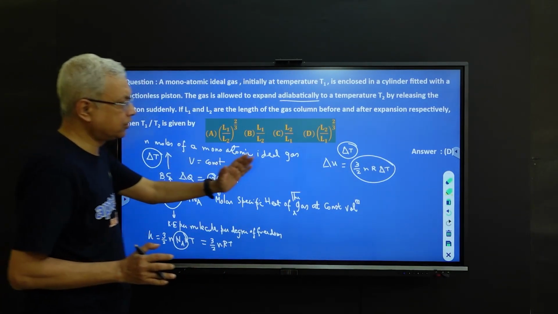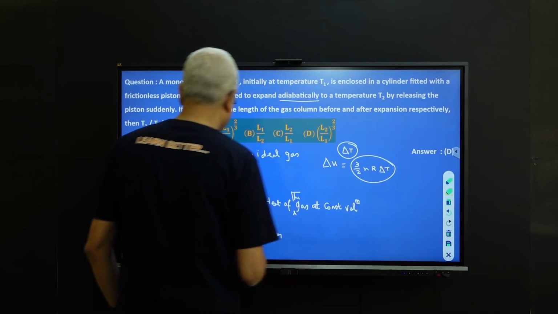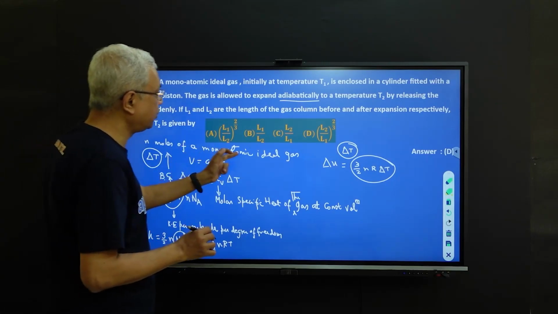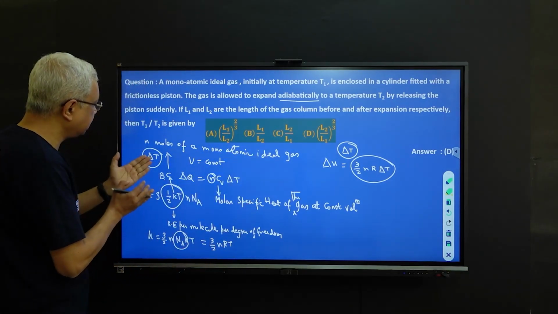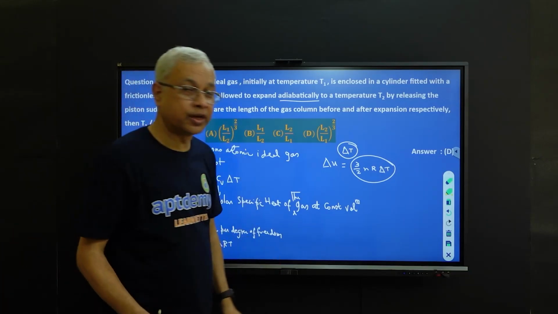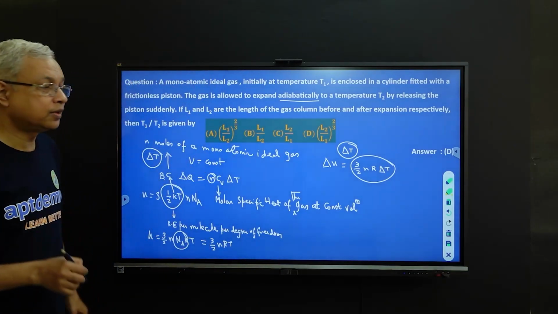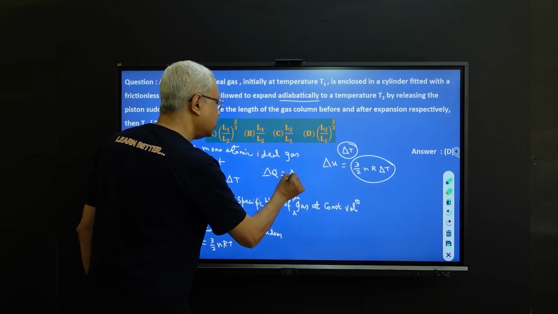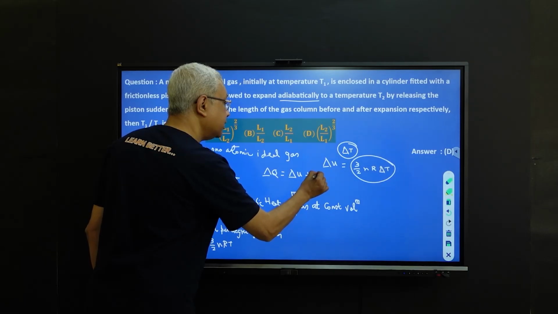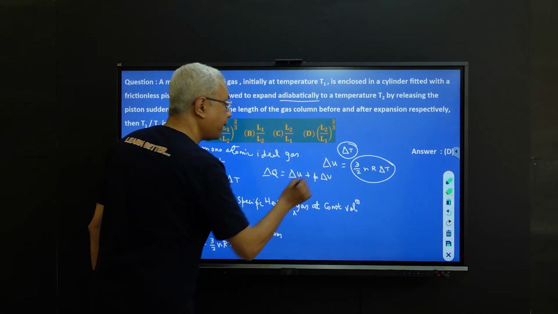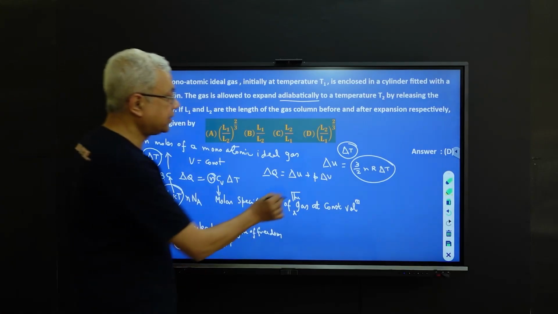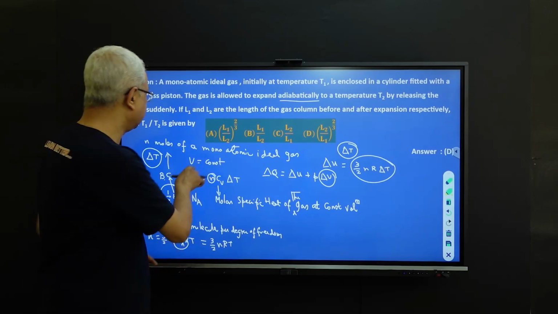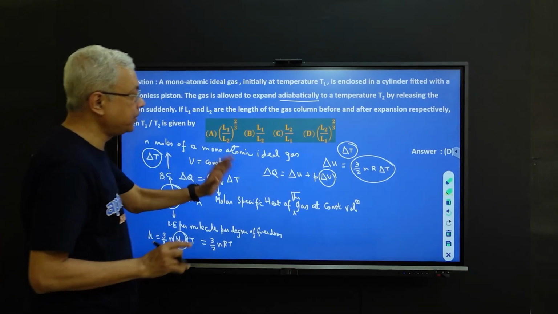So it depends on the initial and final temperature basically. So we are considering n moles of a monoatomic ideal gas. Its temperature is increased by delta T, keeping the volume constant. So if I apply the first law of thermodynamics, delta Q is delta U plus P delta V. Alright, delta V in our case, the temperature is raised keeping the volume constant.